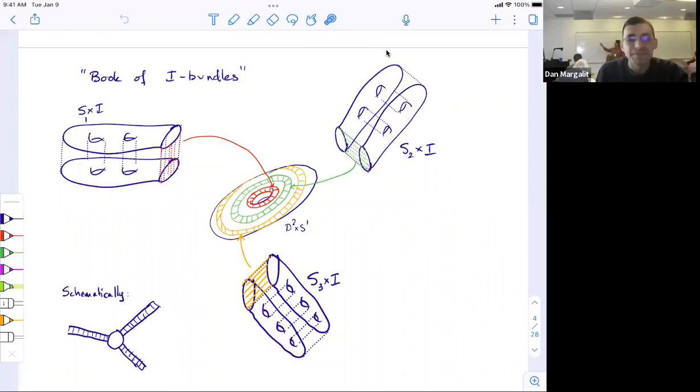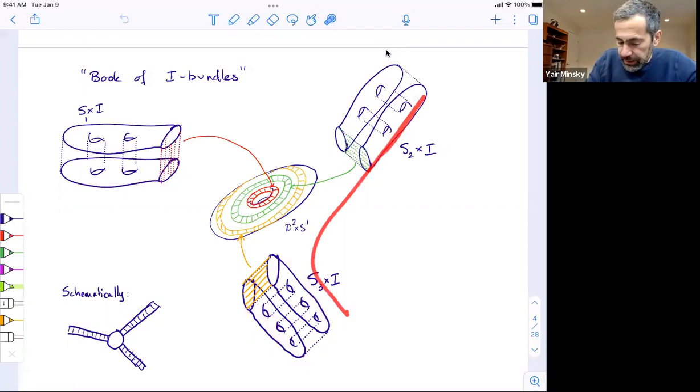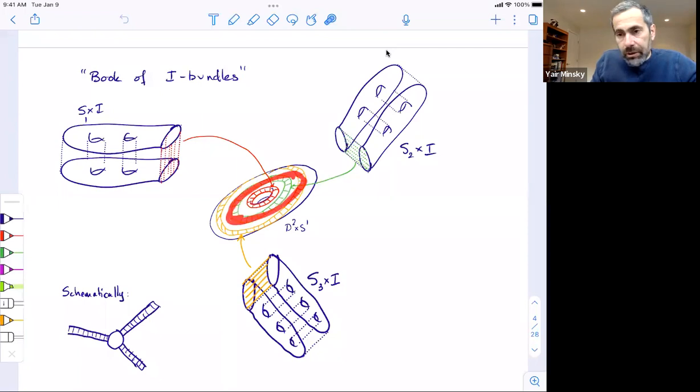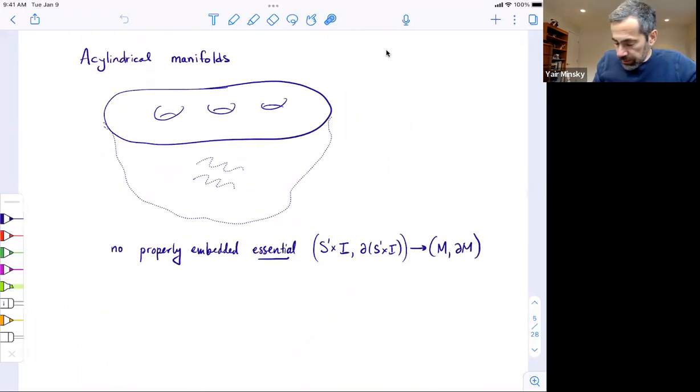Okay, and so you see that this subsurface of this boundary and this subsurface of that boundary are homotopic. Maybe one more thing while we're doing it. There's this element, the core of the torus, which is common to all of the boundaries, and you can see that in the picture I drew up.